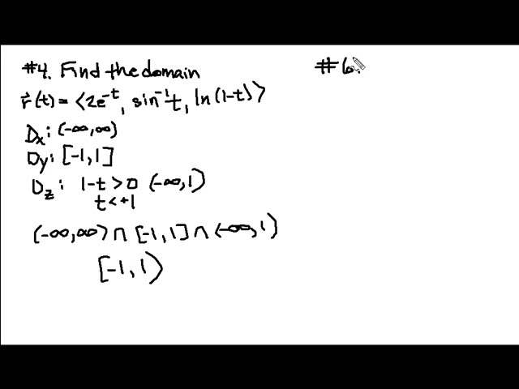Number 6 is basically to help us understand notation. It asks us to express a given parametric set of equations as a vector-valued function.